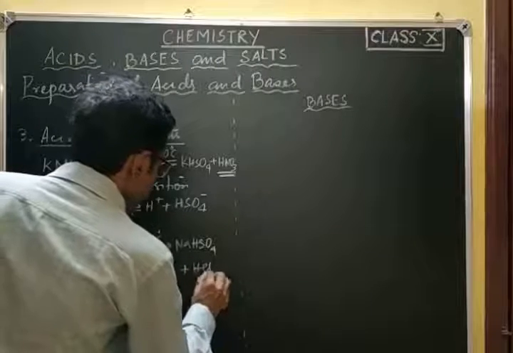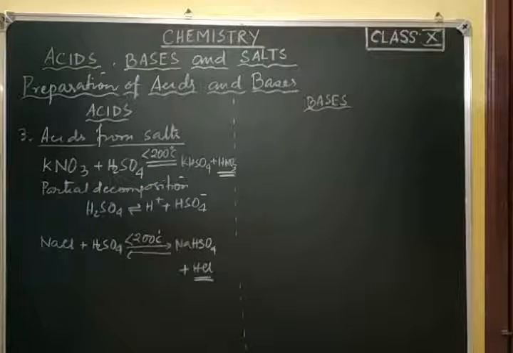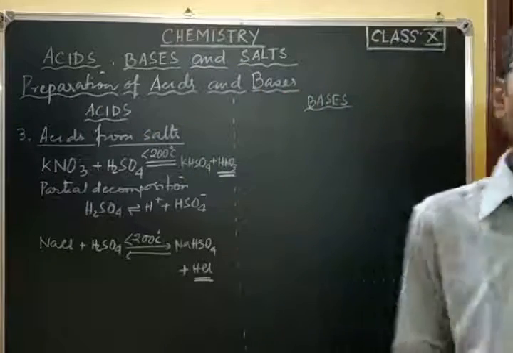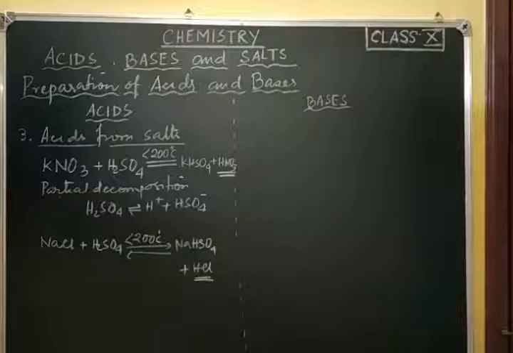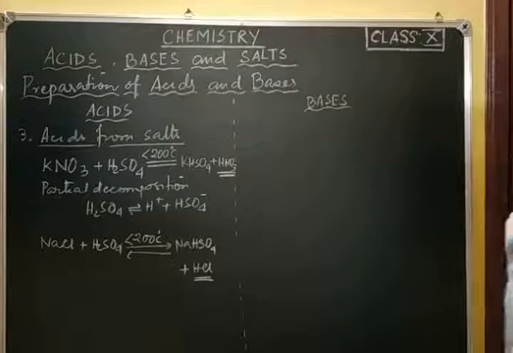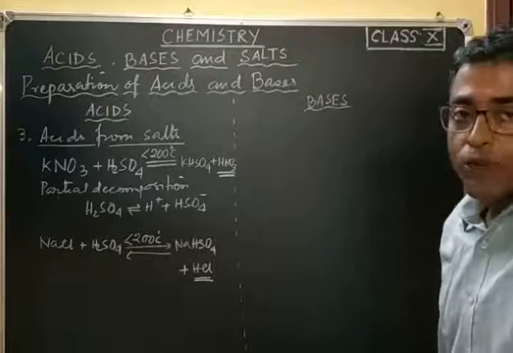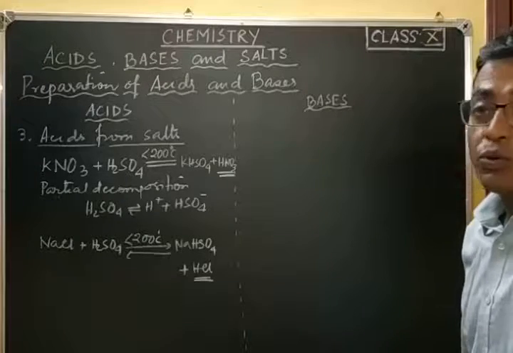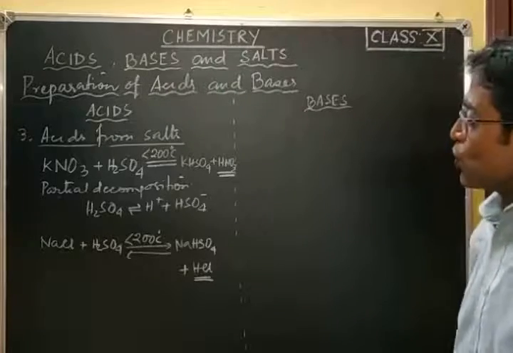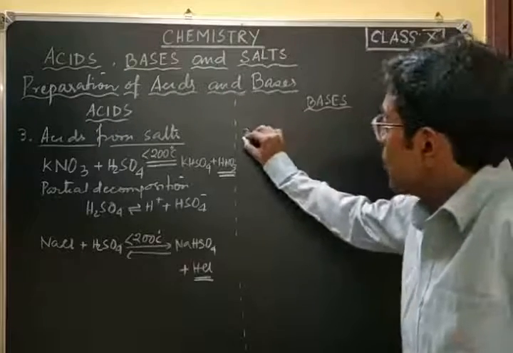So these are the preparation of acid from salts. And now remember, when you prepare bases from salts, you will be taking this type of salt. We will come to normal salts after this, because the chapter is acids, bases and salts, and we are learning bases. So bases from salts.